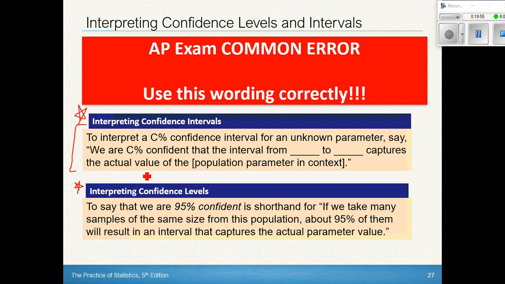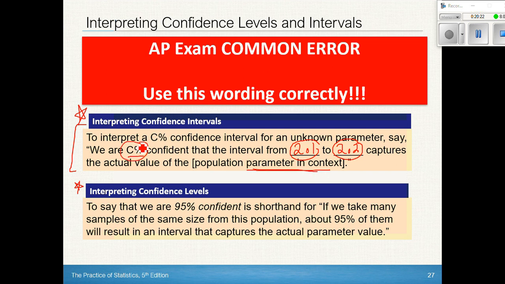We are blank percent confident. We are 95% confident that the interval from, let's just say, 2.1 to 2.2, captures the actual value of the population number of time teenagers go to the movies. You have to put that in there. You will use this over and over again. You're literally just going to fill in the blank for here and here and here and here.